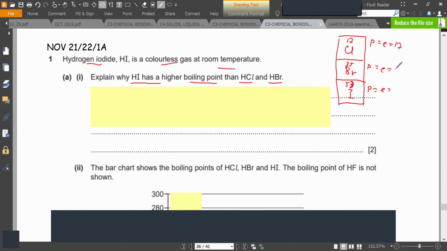So you see, iodine has so many electrons.